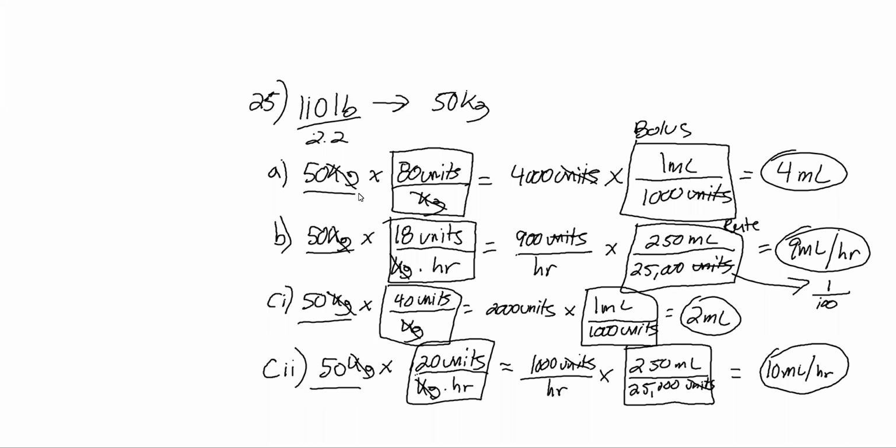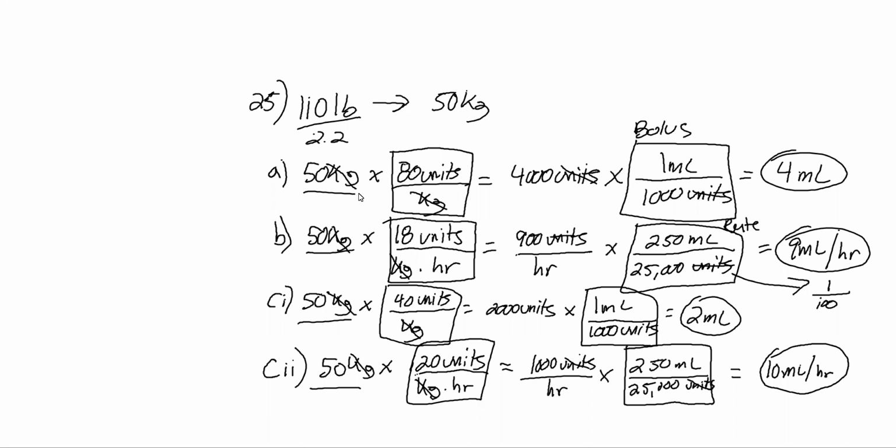So if you had someone that was 210 pounds, then you'd have a different kilogram, but you would still plug in the same numbers. You still initially multiply by 80, and then whatever that number is, divide by 1,000. Then you would multiply by 18, whatever that number is, divide by 100, and you'd get the same answers, or you would follow the same process. So my challenge to you is you can just come up with a different weight and then practice.